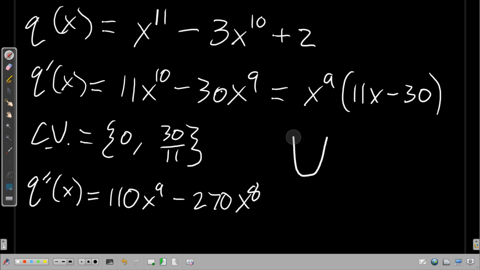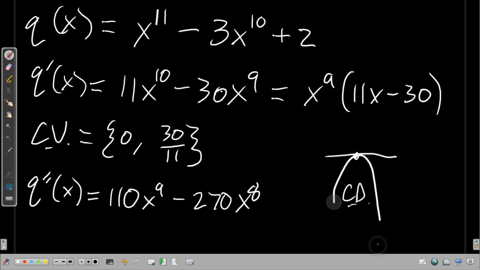However, if the curve is doing something like this, then the tangent line is horizontal right there, and if I get that it's concave up at that critical value, then I know that it makes a local minimum. And likewise, if it was concave down at a critical value, then I know that it makes a local maximum.